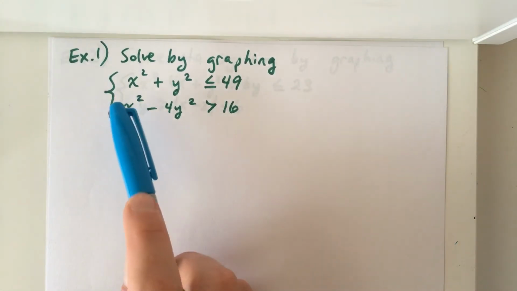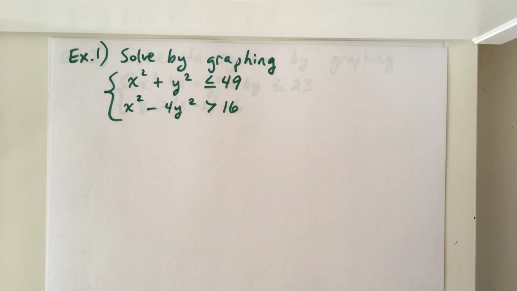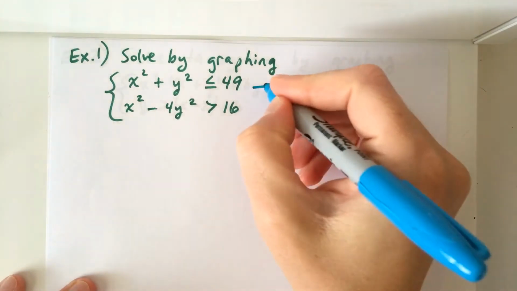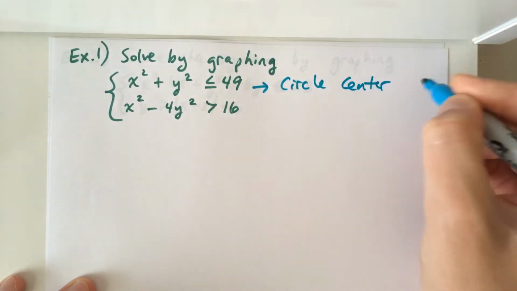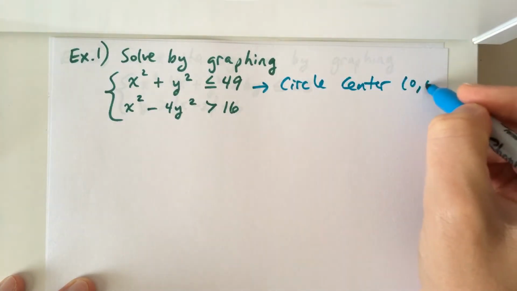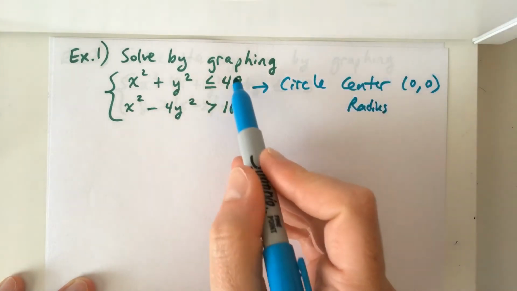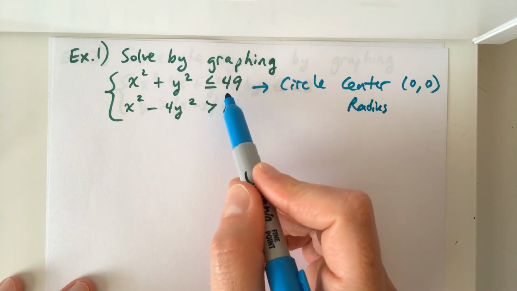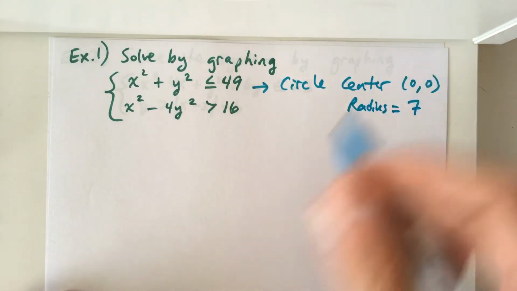Our first inequality is x squared plus y squared is less than or equal to 49. Well, if I think about the related equation, I know that this is the equation of a circle whose center is 0, 0. And the radius, remember this represents r squared, so the radius is 7.